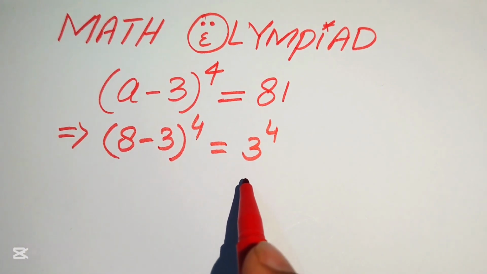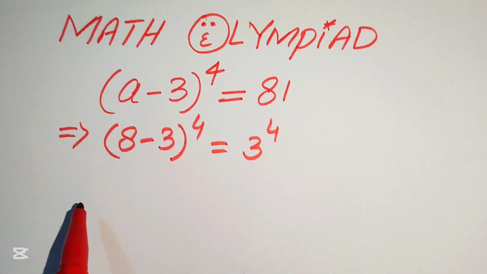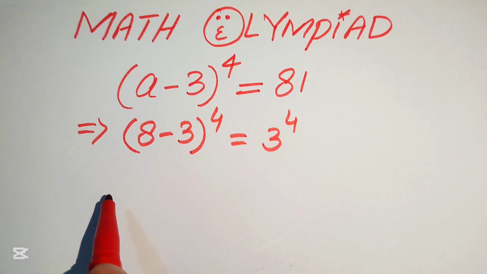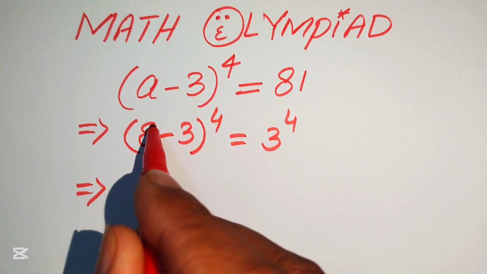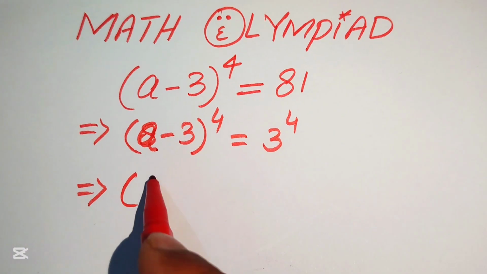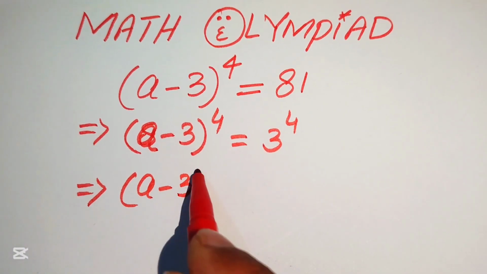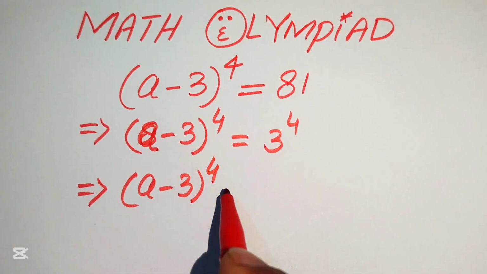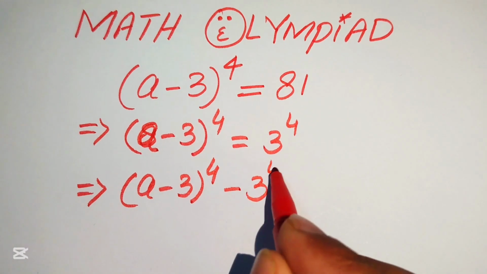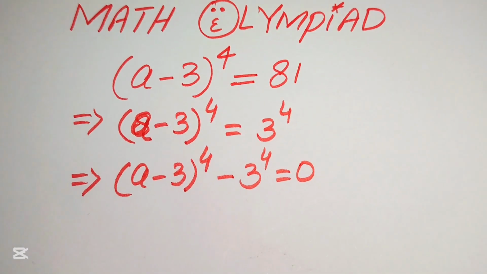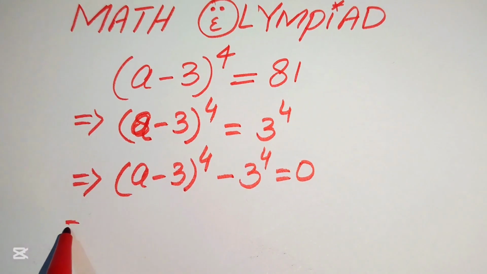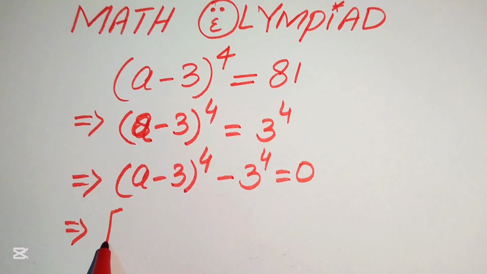After that we need to move this 3^4 from the right hand side to the left hand side, and it will be written as, sorry, this is our a, (a - 3)^4 - 3^4 = 0.